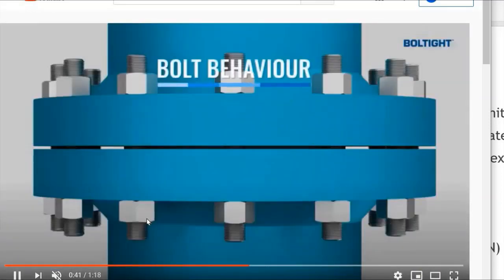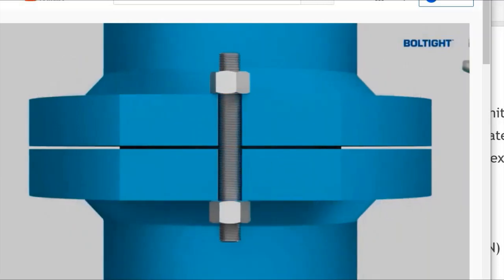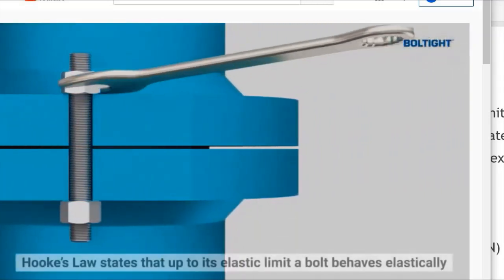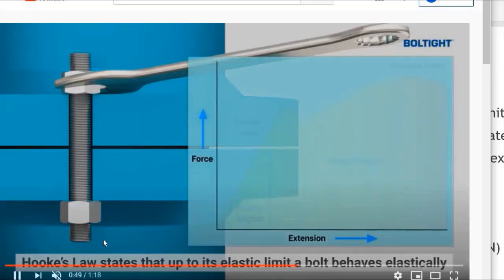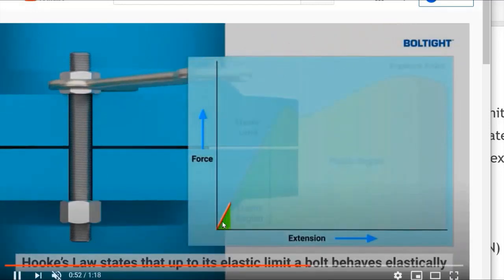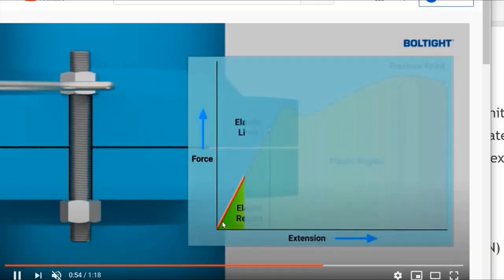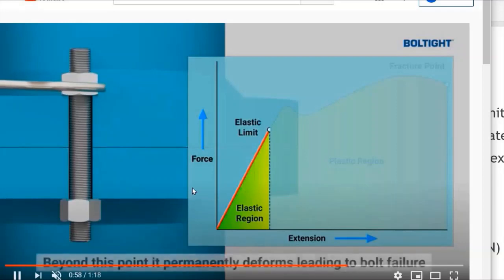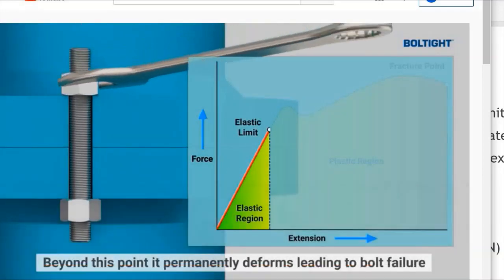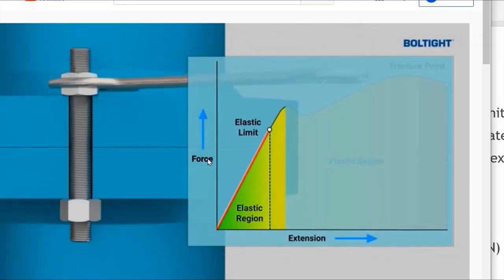What will happen when we are increasing the load? When the tightening load is increased, you can see from this video that as the force increases, the material behaves in an elastic manner. When we are further tightening the nut, what will happen?